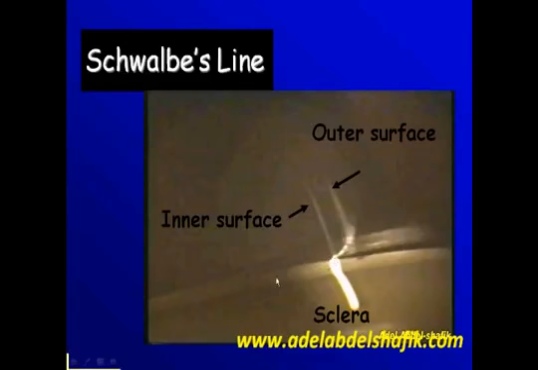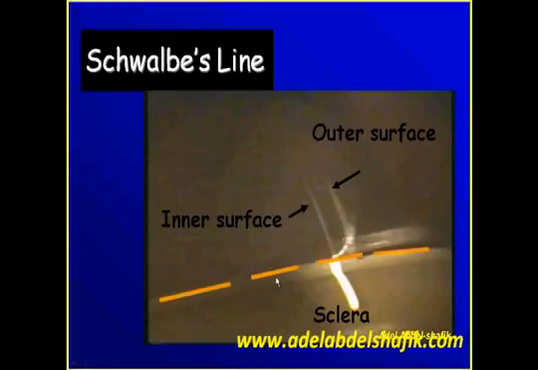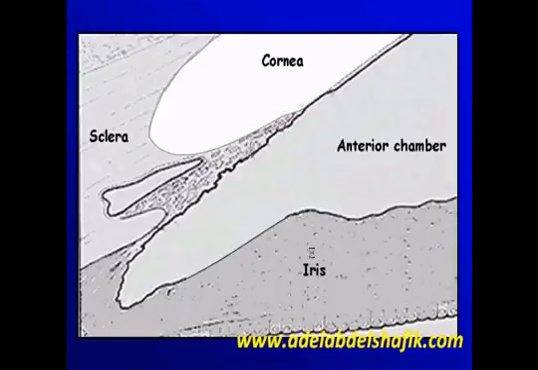This is where the Schwalbe's line is present. Here in this drawing, this is the inner surface of the cornea, outer surface, and in between you get the translucent cornea, and you get this curved line, and here we get the opaque sclera. So this is the location of the Schwalbe's line.